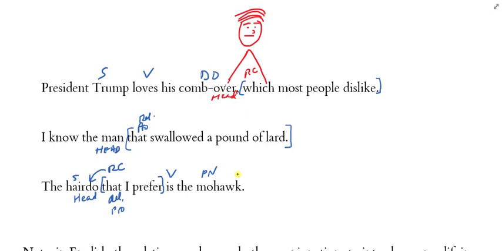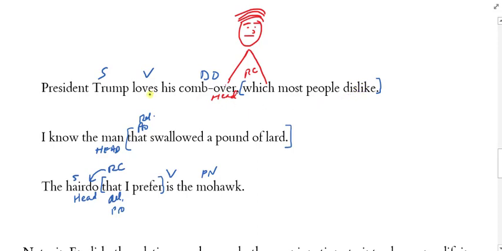In other words, the direct object of loves out here is comb-over, isn't it? The direct object of dislike inside the relative clause is what? It's the pronoun which does refer to the comb-over, right? In other words, this comb-over is the object of loves. The pronoun replacement for comb-over inside the relative clause, the relative pronoun, is the direct object of this other verb.